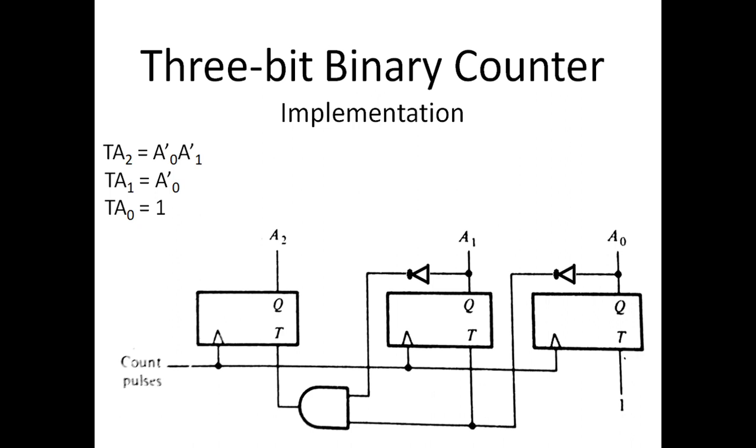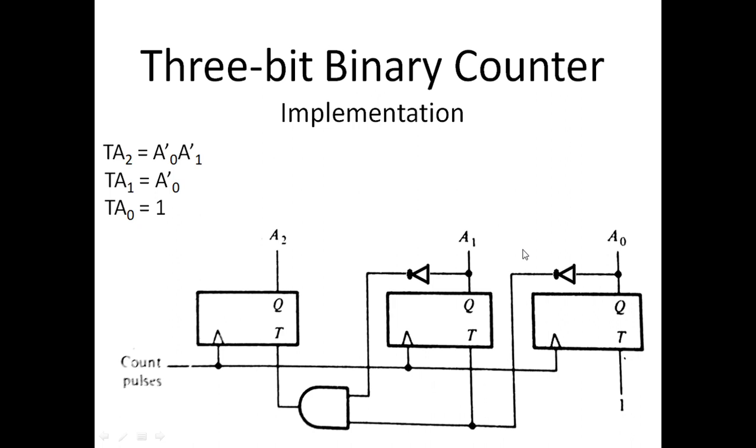These are the 3 Boolean equations that would generate the outputs which are connected to the 3 inputs of the T flip-flops. They are here just like the previous example. This is the T flip-flop 0. This is the T flip-flop 1. This is the T flip-flop 2. And the outputs of the 3 T flip-flops are designated with A0, A1 and A2.